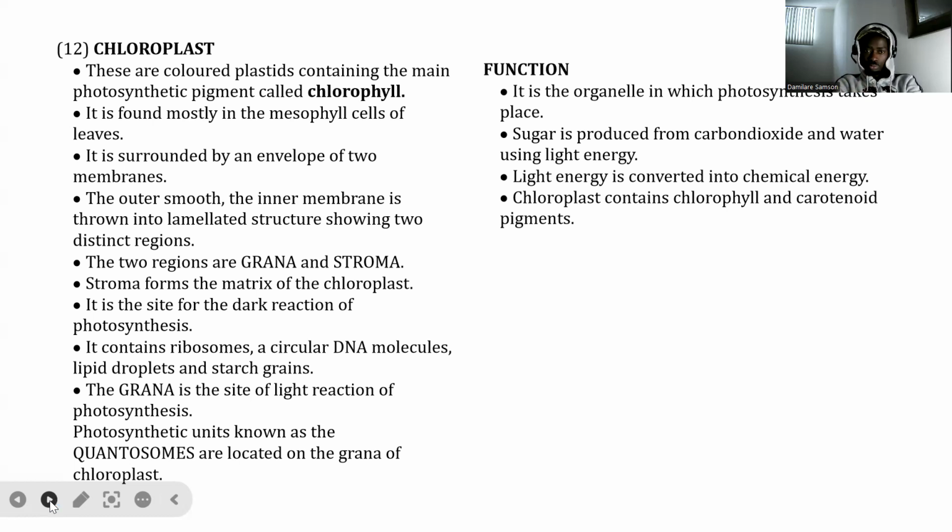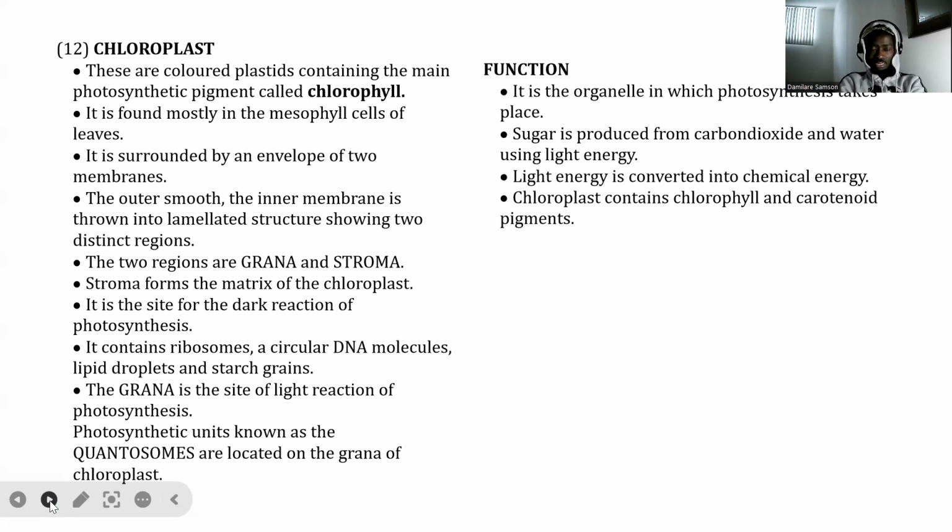The outer is smooth, the inner membrane is thrown into lamellated structure, showing two distinct regions. So when you talk about the mesophyll cell, you talk about the chloroplast, which has chlorophyll, the main photosynthetic pigment found in chloroplast.